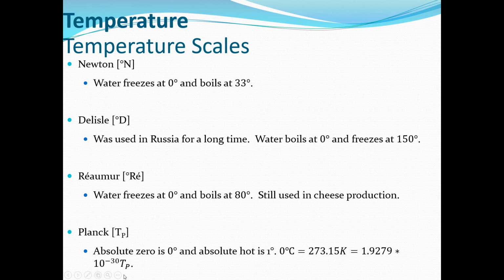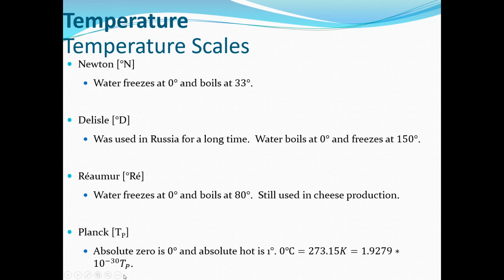So the Planck scale takes the concept of the Kelvin scale and extrapolates it even more. See, it turns out that we actually also know that there is a highest temperature that a substance can reach, and that's considered basically absolute heat or absolute hot.